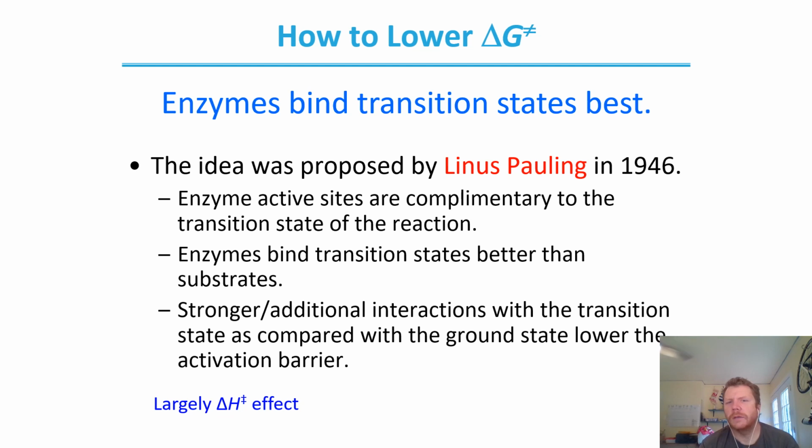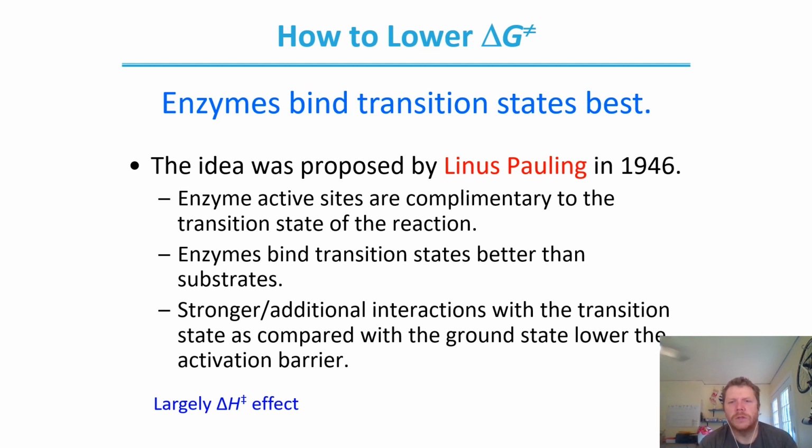Okay, so enzymes are going to bind the transition state better than the substrate, which might sound a little bit strange, but essentially the substrate as we know it is not something that the enzyme is going to have a very high affinity for, but that substrate, as it's beginning to transition to your product, is going to have a high affinity for it.